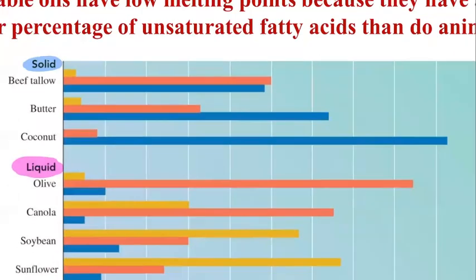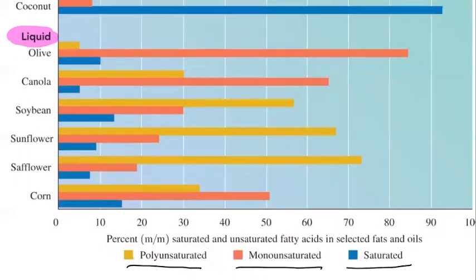The majority of those products, beef tallow, coconut oil, butter, have a high number of saturated fatty acids in their structure.